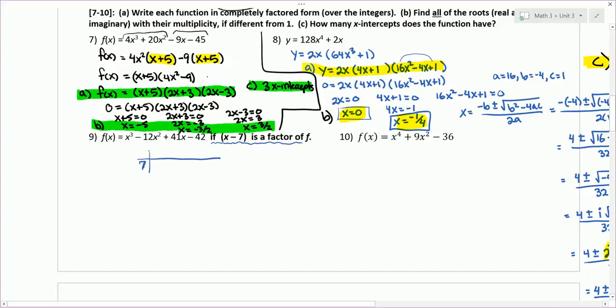And then a 1, which is the leading coefficient of x cubed. Leave a little space. Negative 12, which is the coefficient of x squared. 41, which is the coefficient of x. And negative 42, which is your constant. As you write this, make sure you're not skipping any powers, and we're not. We got cubed, squared, first power, and then no x.